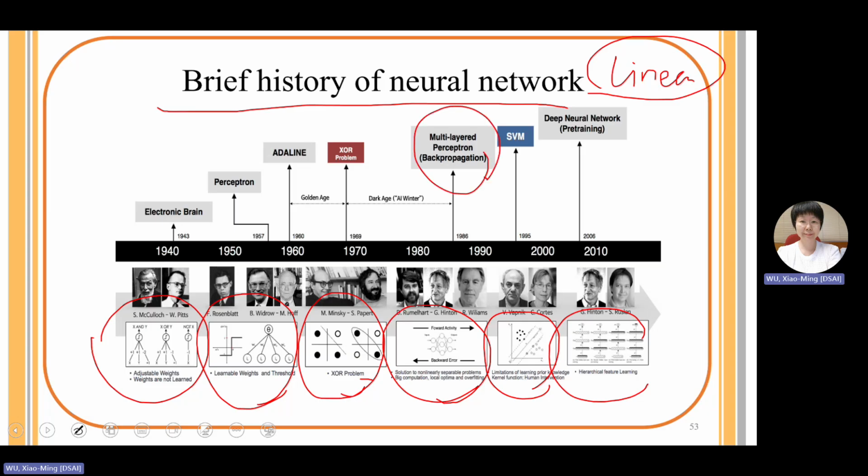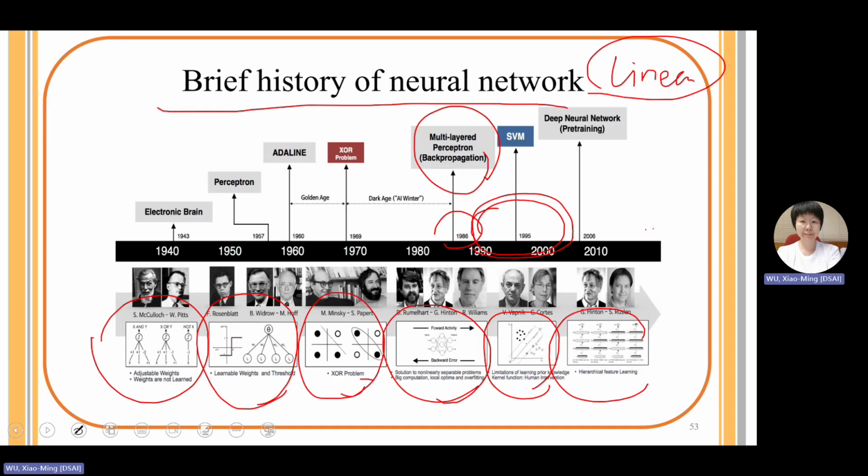But due to the limitation of insufficient compute, we did not have the GPU spectrum, and we also did not have large-scale data to train the networks. So these algorithms could not achieve their potential at that time.